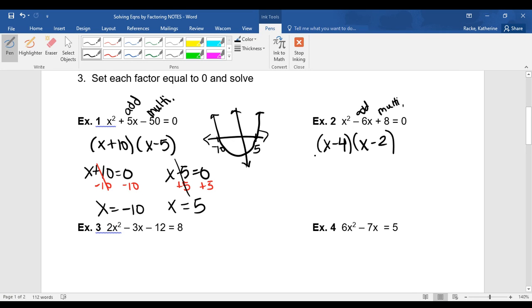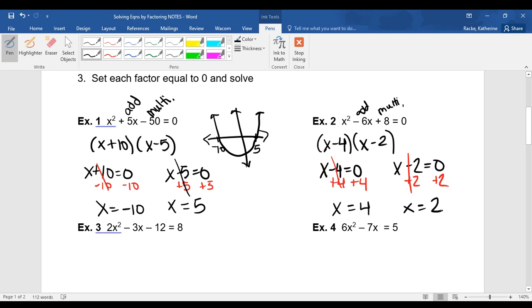Now we're going to set each one of these factors equal to 0 and solve each one. So for this first one, we're going to add 4 to both sides to get x by itself. This side, we're going to add 2 to both sides to get x by itself. So x equals 4 and x equals 2.